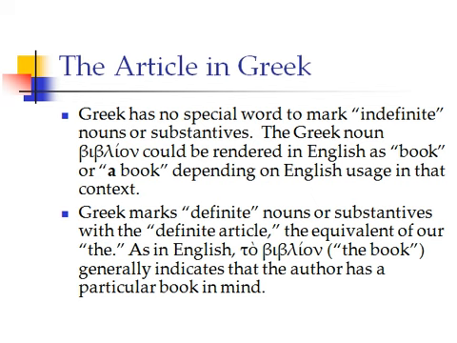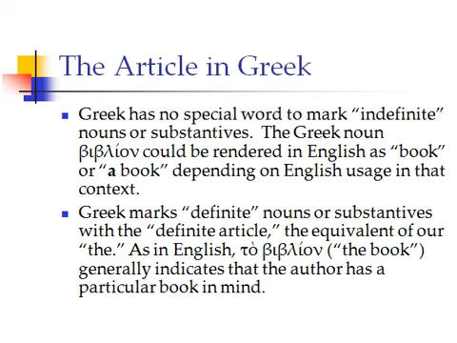Now in Greek, there is no special word that would be the equivalent of our a or an. They have no indefinite article. They simply name the noun without an article. And very often, that could be a signal that it is an indefinite noun. So biblion could simply mean a book.